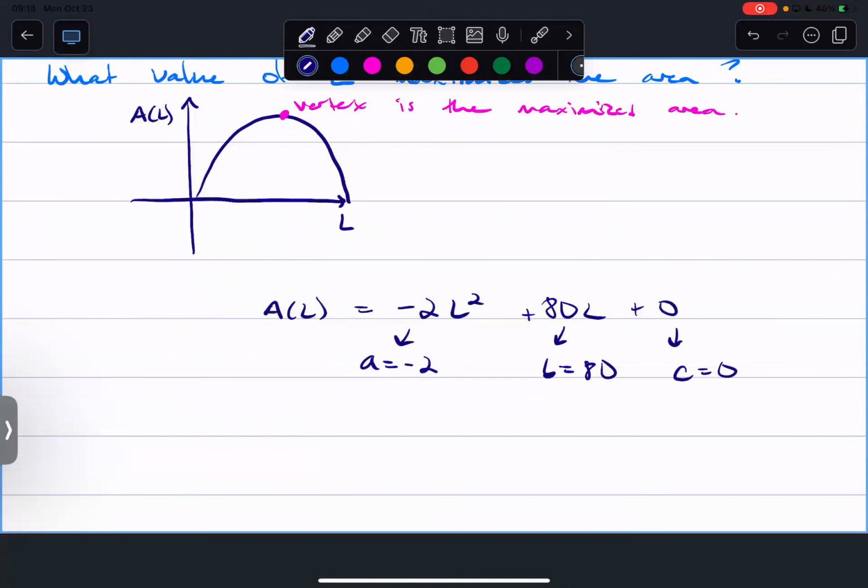We can find H by negative B over 2A. See, it's not so bad. Maybe you don't need it on your formula sheet. So we don't need to do all that middle work then. We just have to use those two formulas that we figured out.